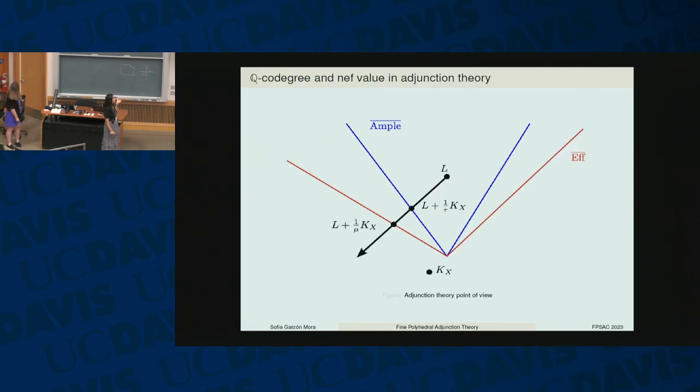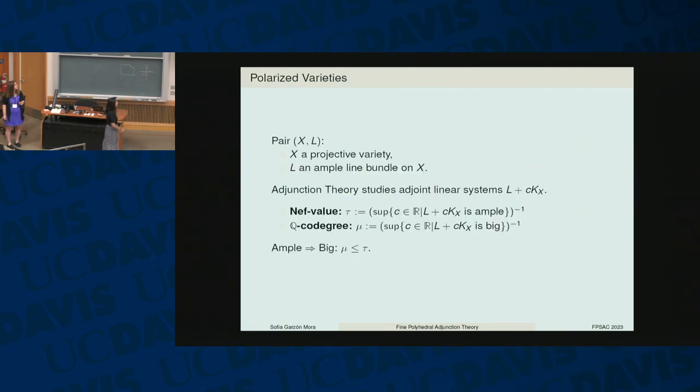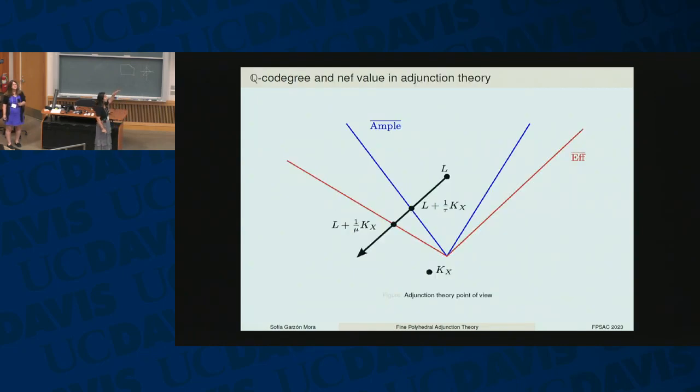I have a very nice picture as well. In toric geometry, the NEF value is something algebraic, and you can think of it as moving outwards in the ample and NEF cones. But in polytopes, this is an invariant as well, and you can classify more things with it. So that's basically the short answer.